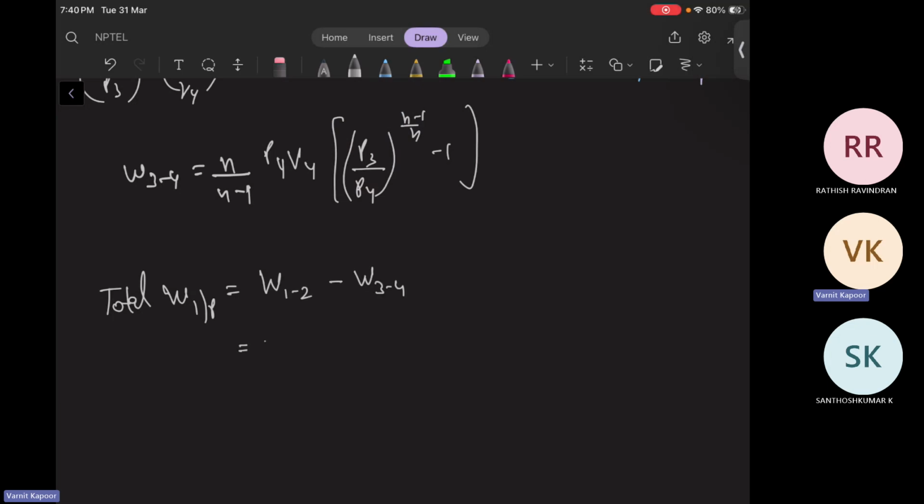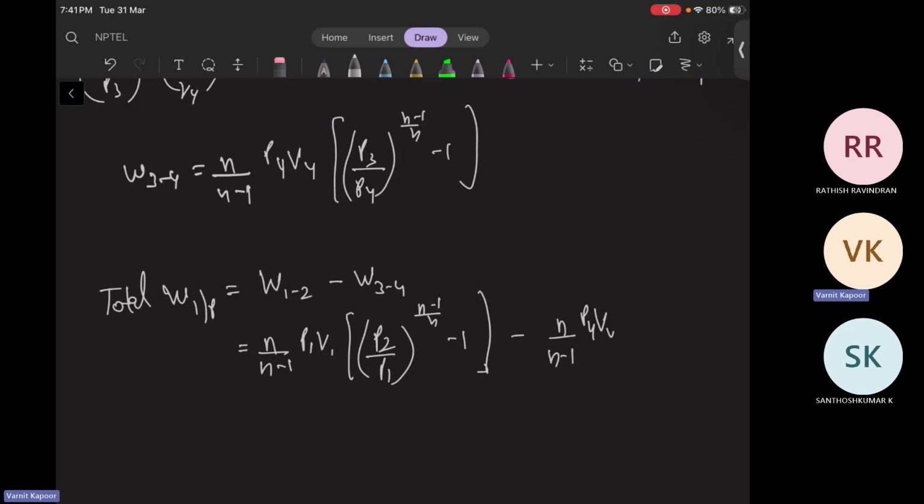So n by n minus 1 P1V1 times P2 by P1 power n minus 1 by n, minus 1, minus n by n minus 1 times P4V4 times P3 by P4 power n minus 1 by n, minus 1.